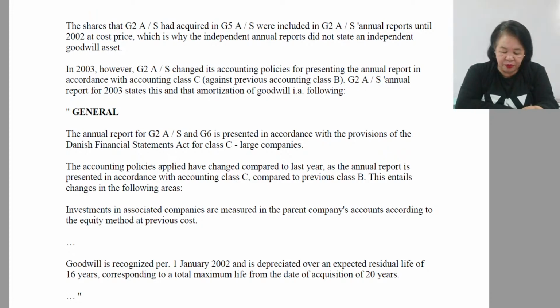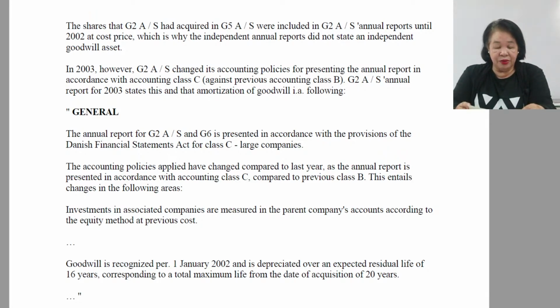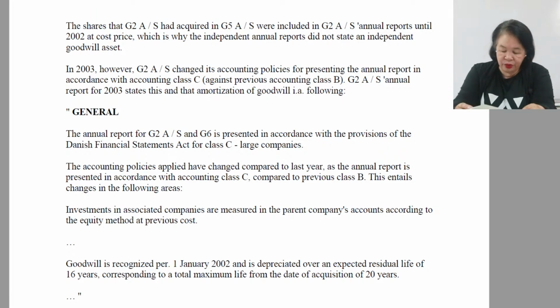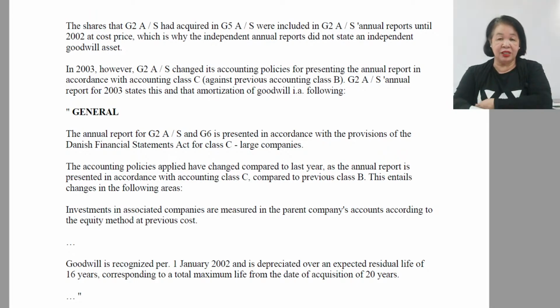Goodwill is recognized per January 1, 2002 and it is depreciated over an expected residual life of 16 years, corresponding to a total maximum life from the date of acquisition of 20 years. As a result of the changed accounting policies, an asset in the form of goodwill from the acquisition of G5AS was recognized in G2AS's annual report for 2003 with an acquisition price of DKK 913.6 million.